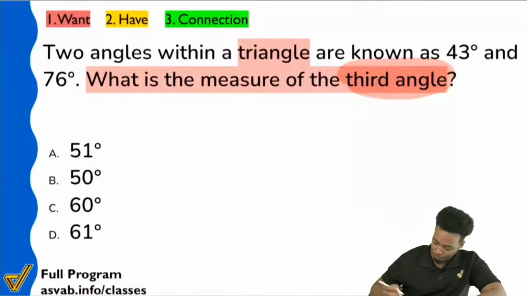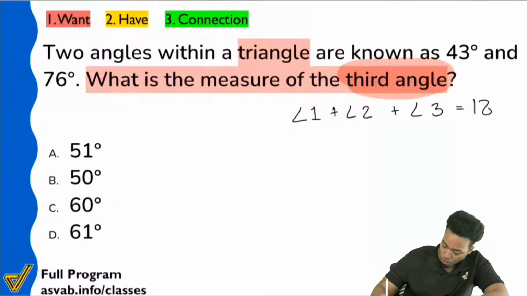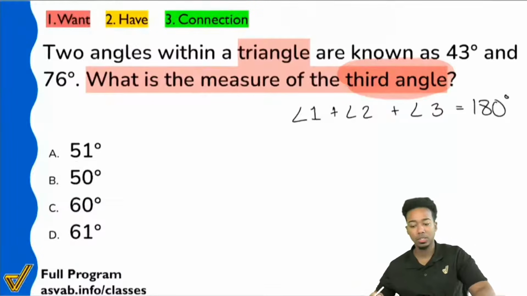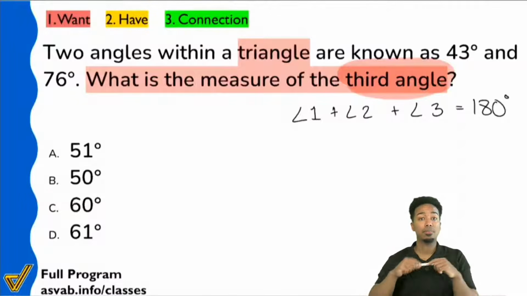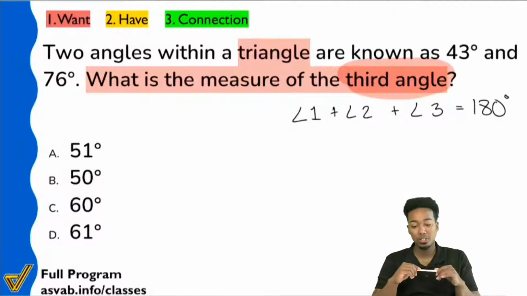So here is what we got. In a triangle, angle 1 plus angle 2 plus angle 3 equals 180 degrees. Yes or no? Does that make sense? Angle 1 plus angle 2 plus angle 3 equals 180 degrees.